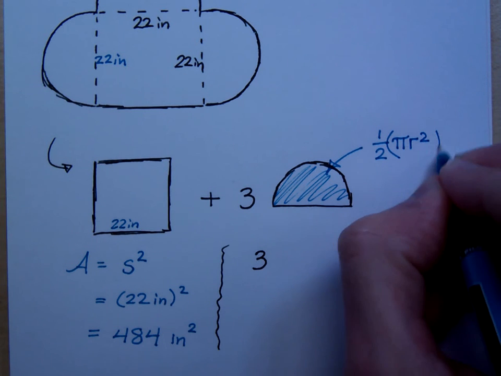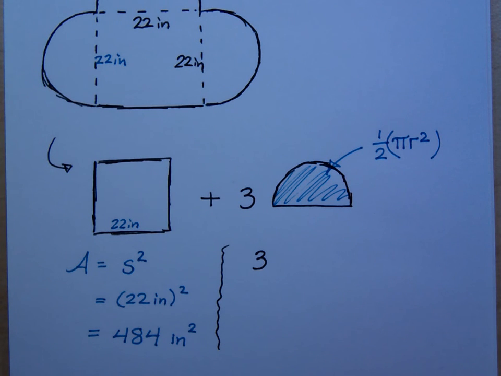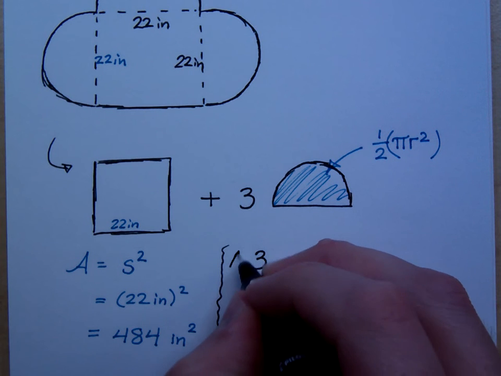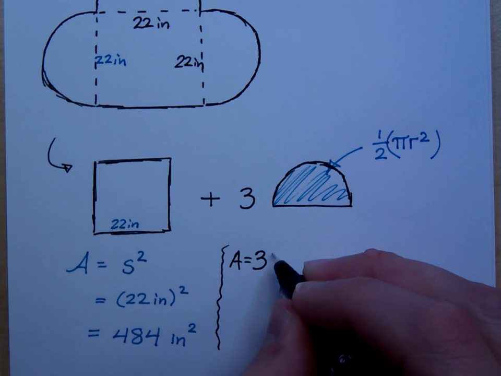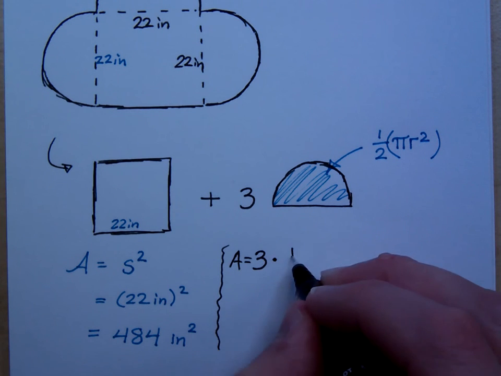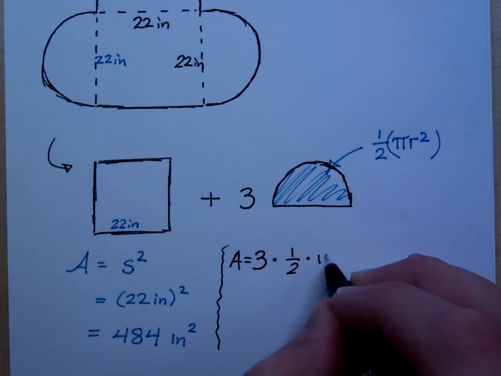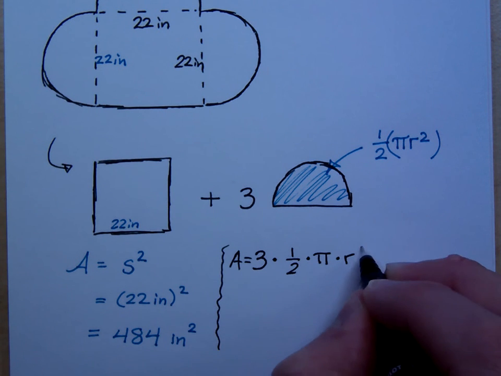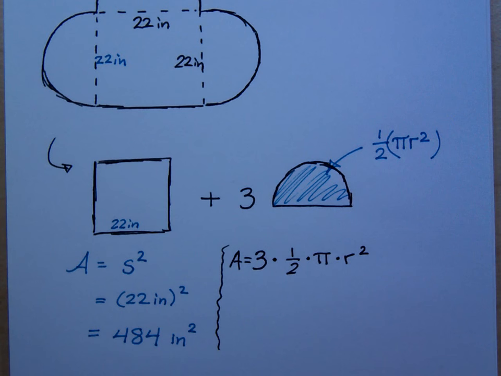Remember, it's pi r squared. So when I look at working this out, this guy's area is going to be 3 times 1/2 times pi times r squared. I'm being very deliberate here in everything that I'm writing, so you know what you're going to be multiplying.